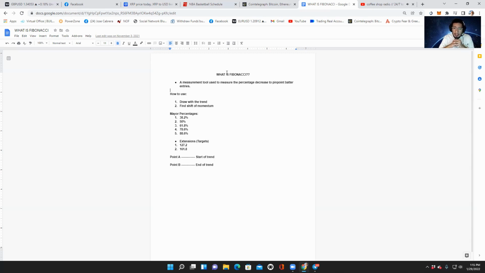So in that instance, you will have to change your Fibonacci. Once it breaks those levels of your Fibonacci, you can know the market is wanting to come down now. So now you can change your Fibonacci, not from the bottom to the top, but from the top to the bottom. Why? Because now you see the shift of momentum, because it broke your Fibonacci levels and it looks like it's coming down.